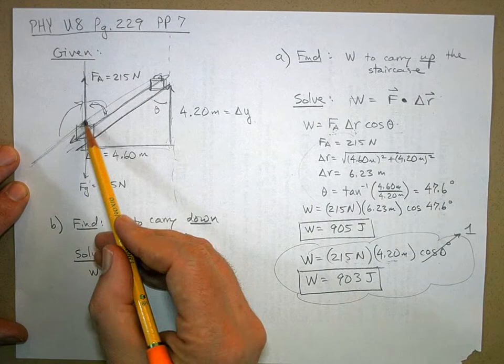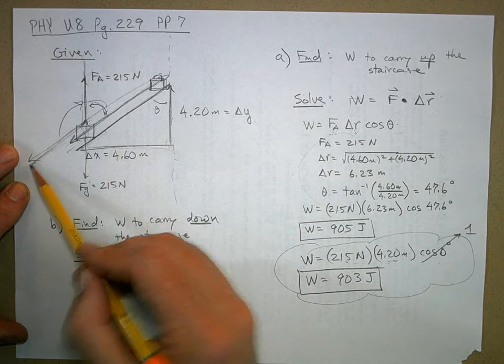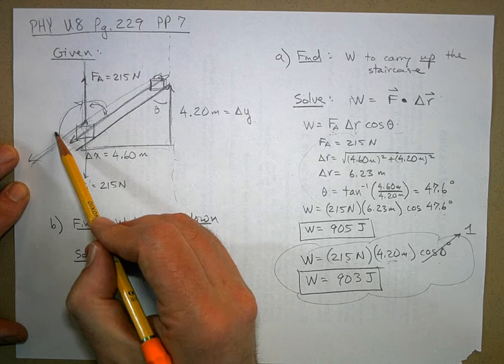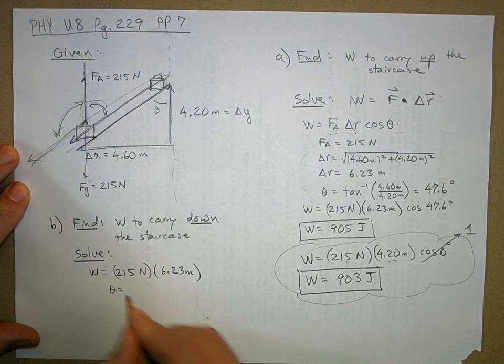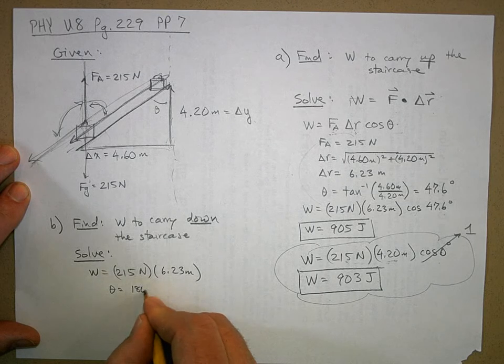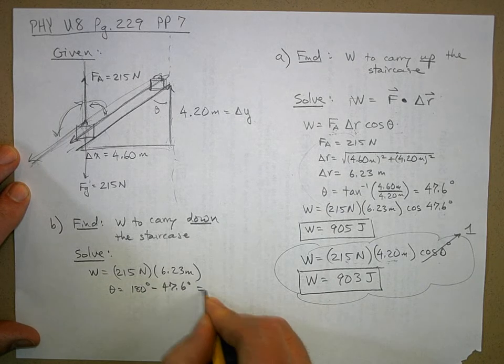That's the angle between the force and the displacement. If I put the force vector and the displacement vector tail to tail, I get this angle right here. So theta is equal to 180 degrees minus 47.6 degrees.